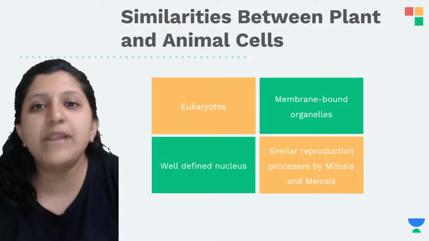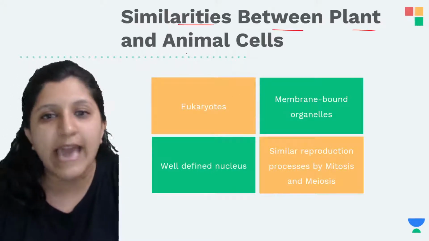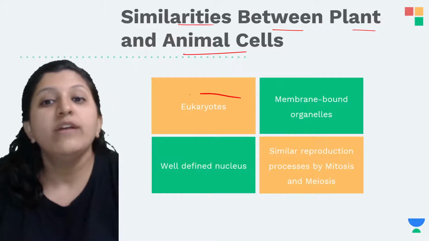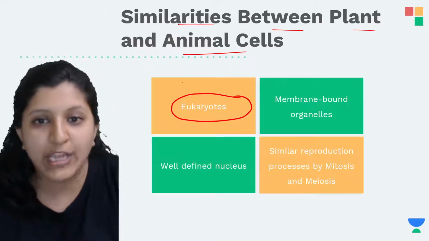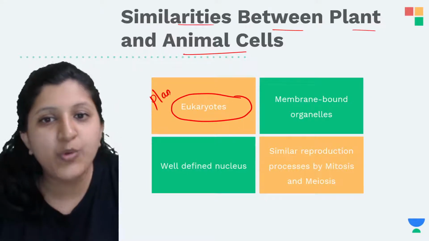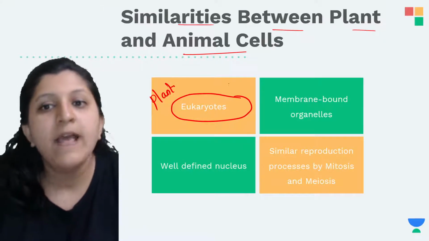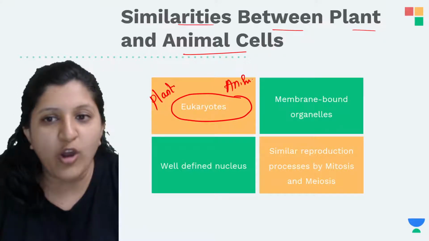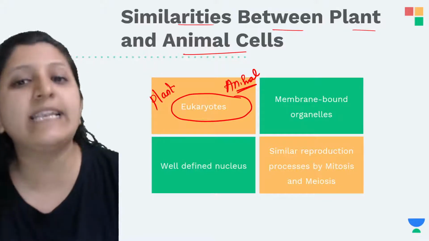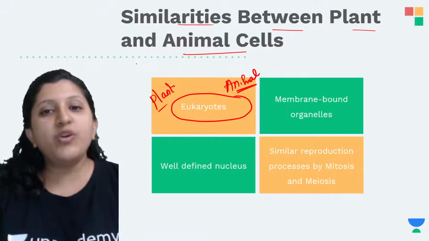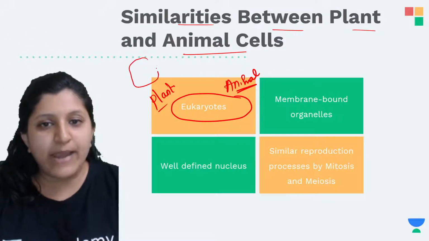Similarities between plant and animal cells: both of them are eukaryotes. A plant is a eukaryotic organism, and an animal is a eukaryotic organism. So how exactly is this? Let's say this is a plant cell, having a cell wall.